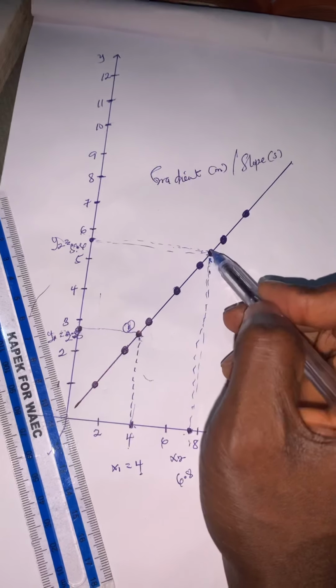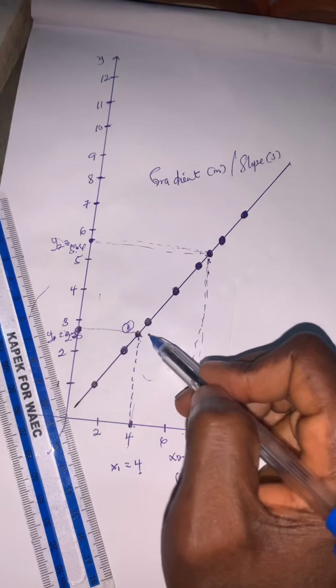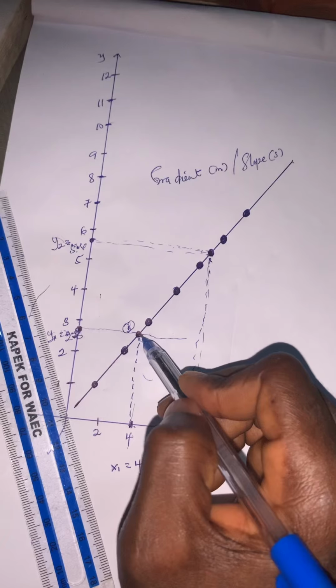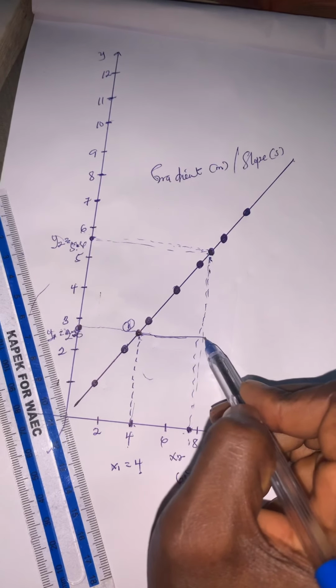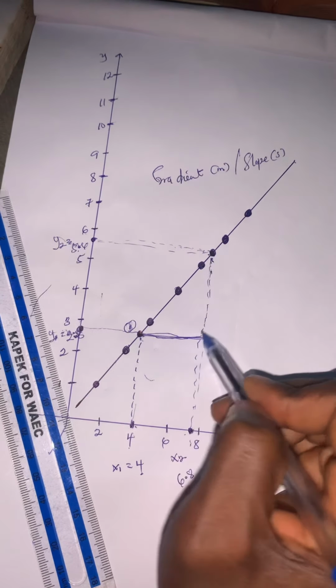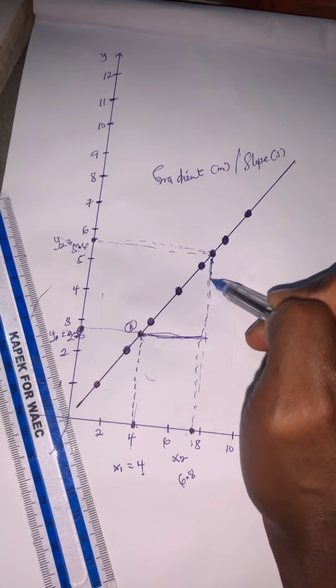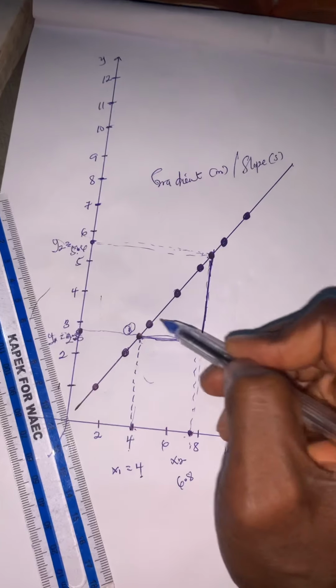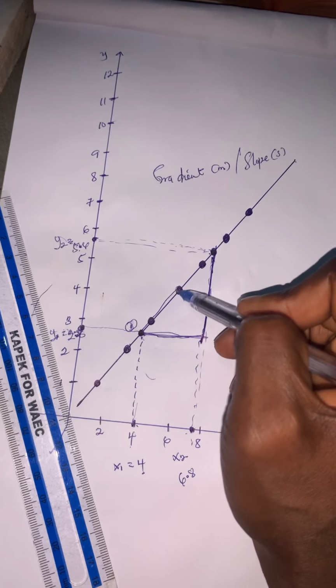This point that you have chosen, you normally join it to form a triangle. You don't use short dashes for this one, it's the work of the ruler. Then we join it to form a triangle. You see that we form a very nice triangle here.